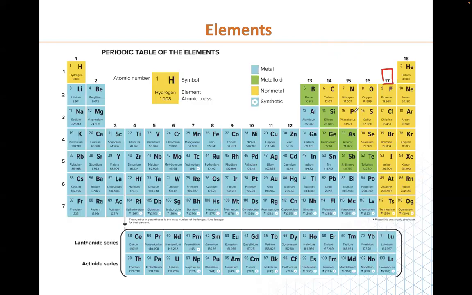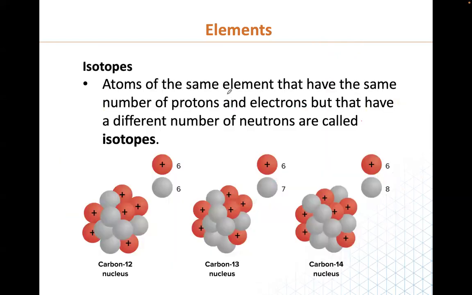All right. So let's talk about isotopes. Isotopes happen when atoms of the same element have the same number of protons and electrons. I told you before, the number of protons is most of the time equal to the number of electrons, except when it gains or loses electrons.